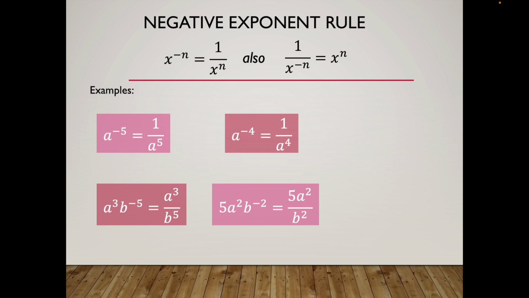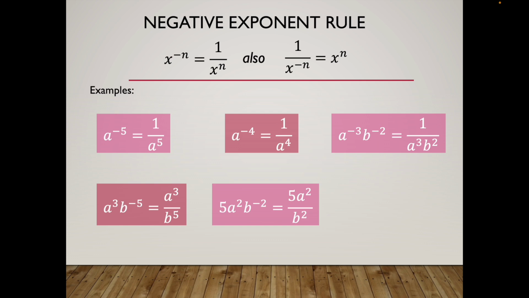If I'm given something like 5a squared b to the negative 2, please remember that the 5 actually has an exponent on it. It is a 1, it is positive. So the 5 and the a squared stay in the numerator position, but we bring the b to the negative 2 to the denominator position, making it a positive exponent. In this example, I have a to the negative 3, b to the negative 2, and they are both negative exponents.